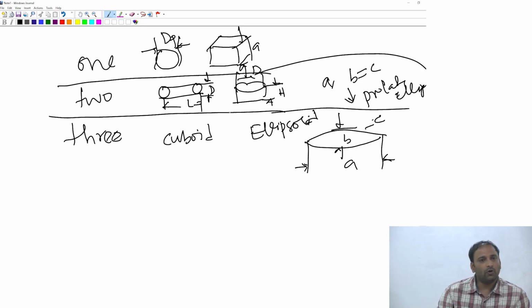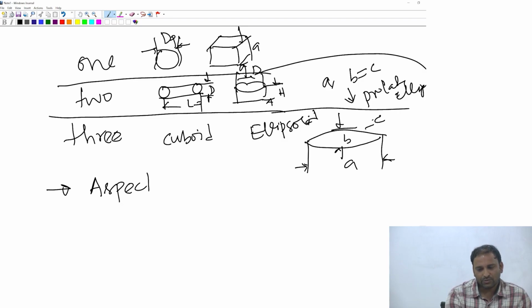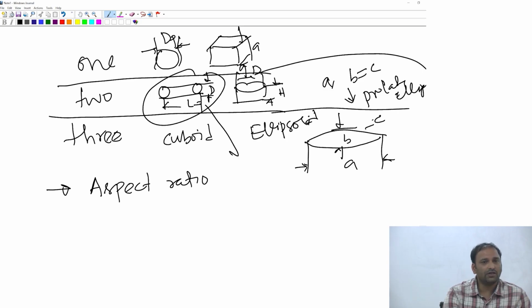When people talk about particles that are not spheres, that is non-spherical particles, one of the parameters that people always talk about, if you go through the literature, is something called the aspect ratio. In the case of a cylinder, your aspect ratio is L by D, that is the length of the rod divided by the diameter, right?